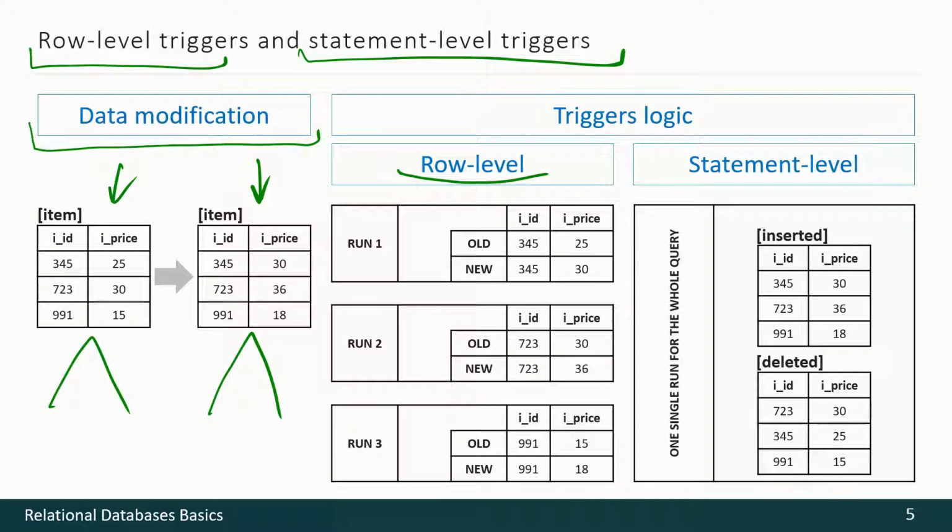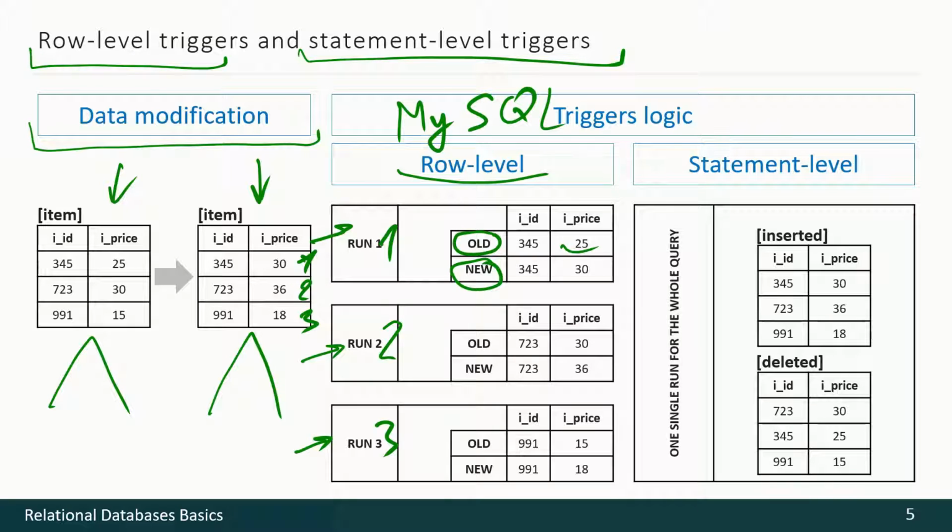Row-level triggers, those are, for instance, in MySQL, are executed each time a record is modified. So we modify 1, 2, 3 records and there are 1, 2, 3 executions of our trigger. Inside our trigger we may use the old and new keywords to access old and new values of data.